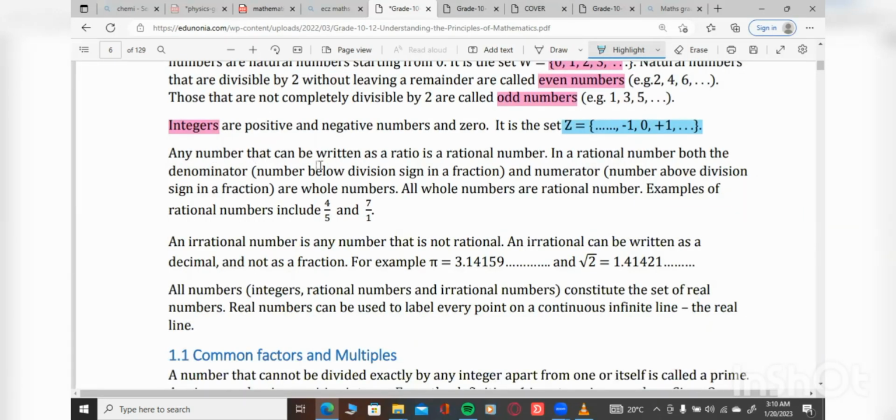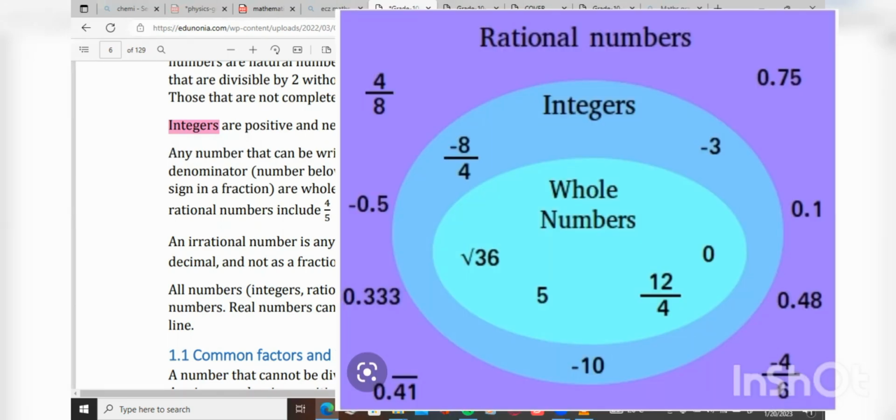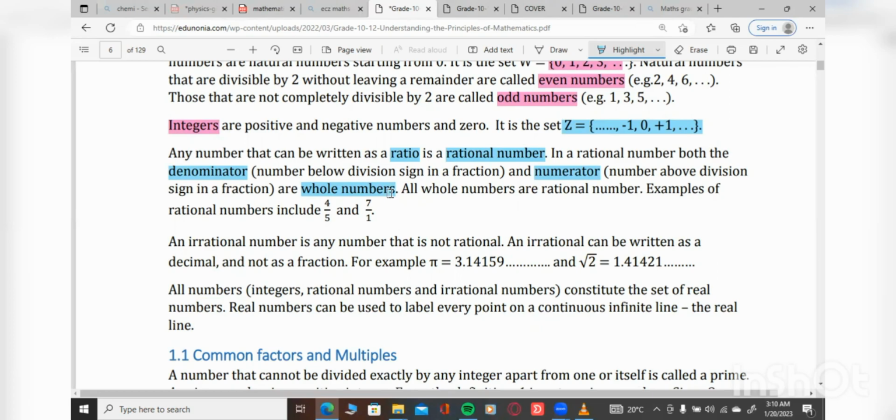Any number that can be written as a ratio is a rational number. In rational numbers, both the denominator and the numerator are integers.